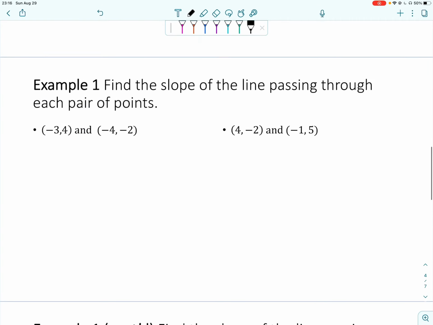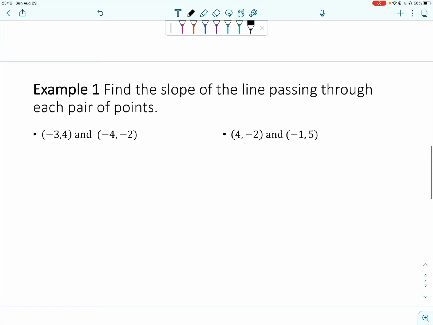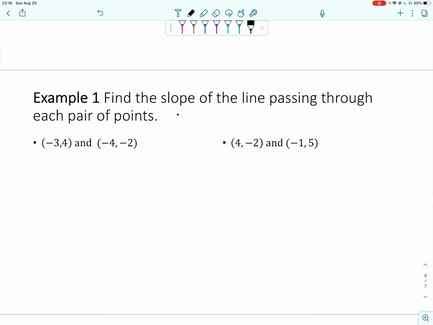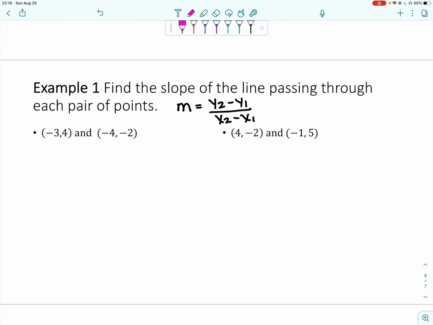So we're going to start with some basic examples, just looking at 2 points, using this formula to find the slope of the line passing through the points. So I'm going to rewrite that slope formula here. So first pair of points, -3, 4, and -4, -2.